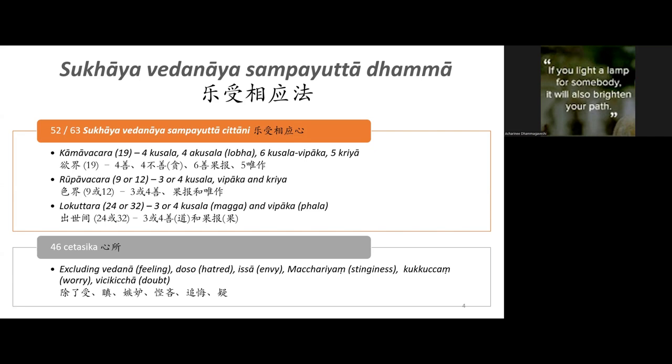So just to refresh our minds, why do we deduct these? We'll take Vedanā first. Vedanā is excluded from all 3 terms of this Matika. Therefore, we deduct Vedanā. Next, dosa, issa, maccariya, and kukkucca. These 4 are associated only with dosa chitta, consciousness associated with hatred.